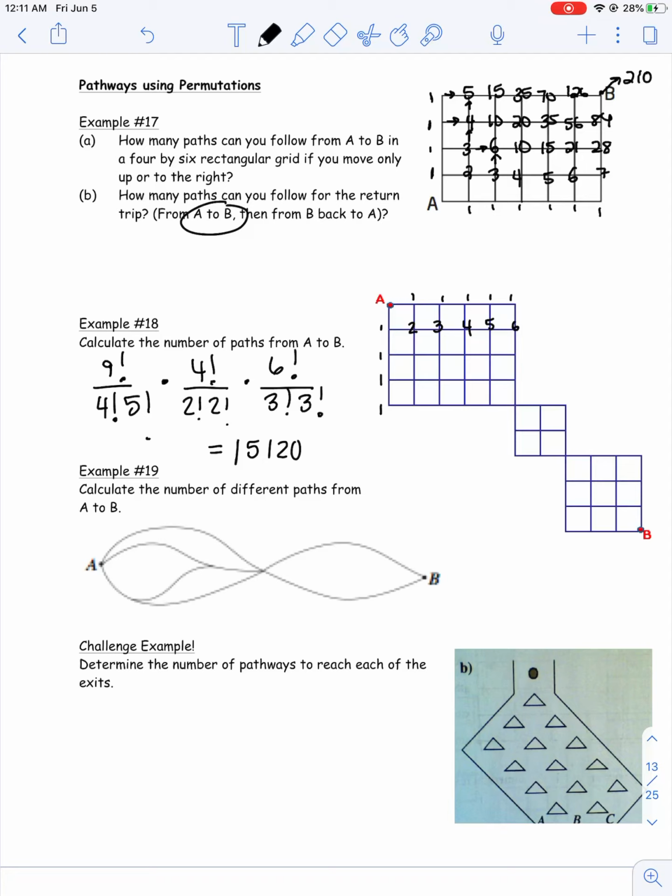So I'm adding up the numbers coming towards that intersection point to get what the intersection adds up to. 10 plus 5 is 15, 15 plus 6 is 21, 1 plus 3 is 4, this one's 10, 20, 35, then we have 56, 1 plus 4 is 5, 5 plus 10 is 15, and we have 35, 70, and 70 plus 56 adds up to 126.